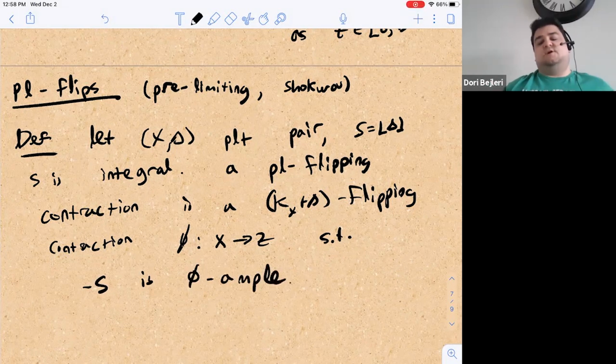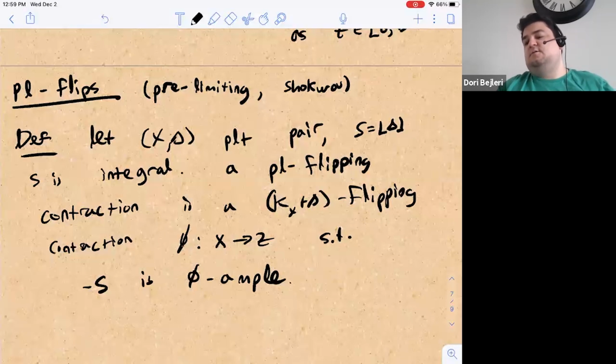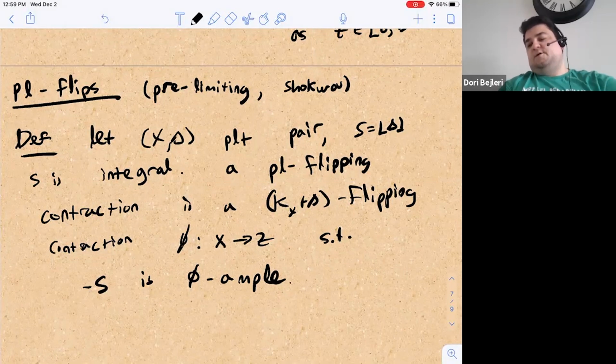So that's the extra condition. What does this tell us? Well, it tells us that whatever curves we're contracting, the flipping curves for this phi, the curves in our ray, have to be contained in S. Because if minus S is phi-ample, then S is negative on all these curves, and the only way that's going to happen is if all these curves are contained in S. And so that's the key point, that in these PL flipping contractions, all the curves are contained in S. So if we restrict everything to S, then this contraction becomes some sort of extremal contraction of S with its different. That's the rough idea.